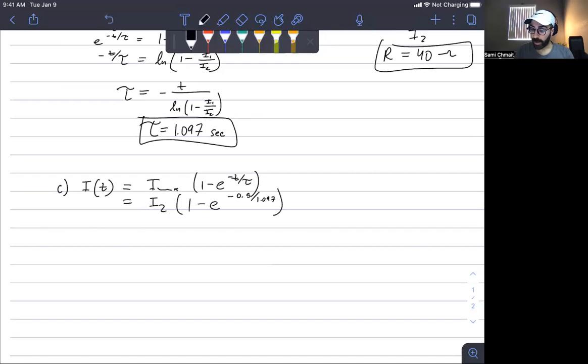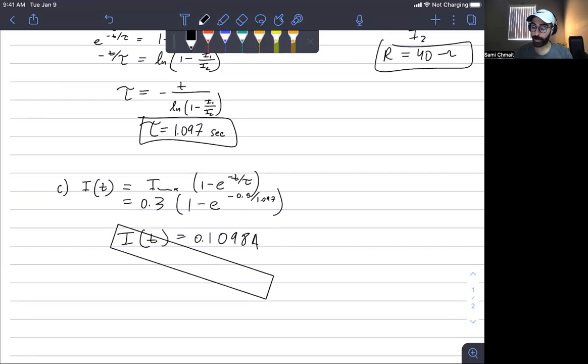Okay, and the function of time is represented by these variables right here. So now we just plug everything in. Might as well write this as what it is, right? It's just 0.3. So as a function of time, we'll see that it equals 0.1098 amps, right?